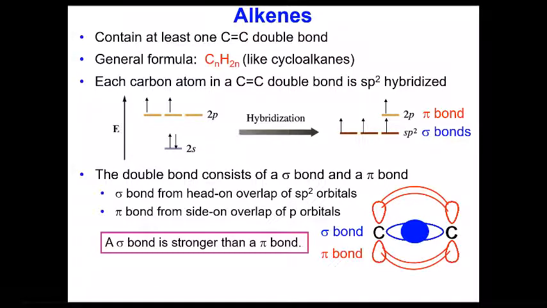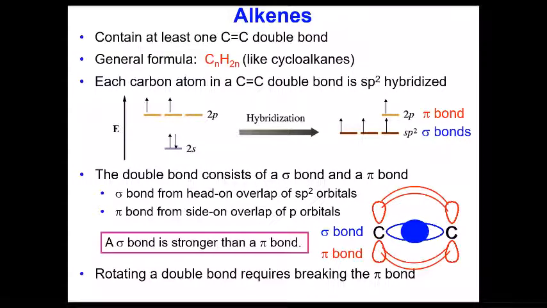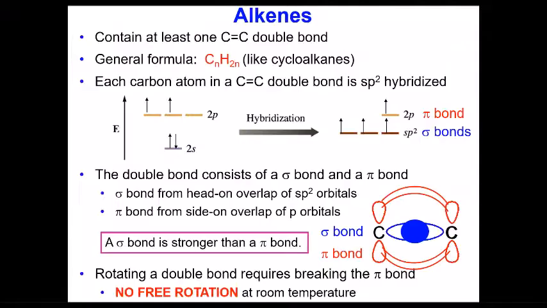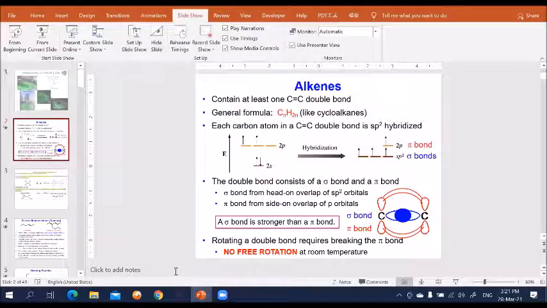I hope that you understand that by now for double bonds. Rotating a double bond requires breaking that pi bond, and there's no free rotation at room temperature. I'm going to look into this a little more when we see the 3D animation. So now let's go to the 3D animation and understand the nature of the so-called pi bond a little bit more, the double bond.